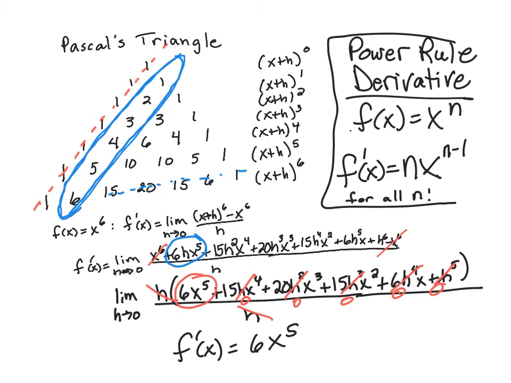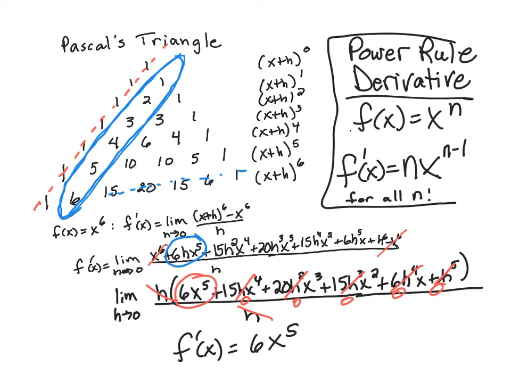You now have a pattern. And this is called the power rule derivative. Anytime you take the derivative of x to a power, the power is now the coefficient. So you're going to bring down the coefficient and multiply, and then you're going to subtract 1 from the power.